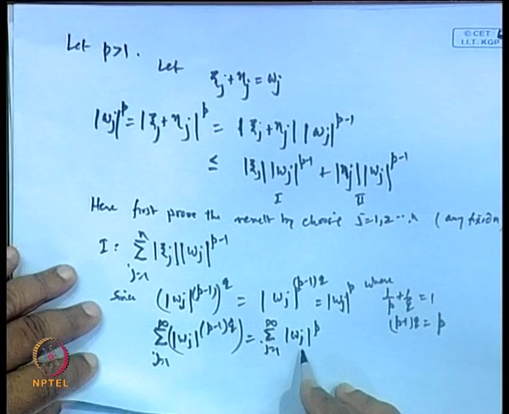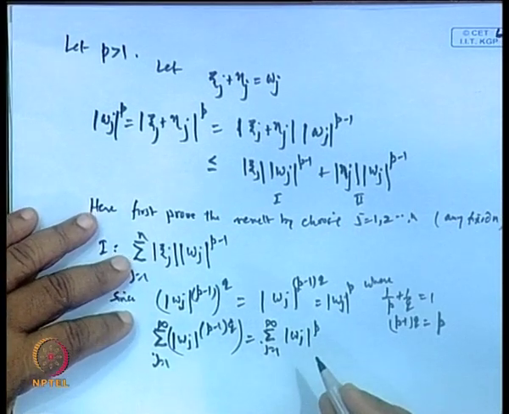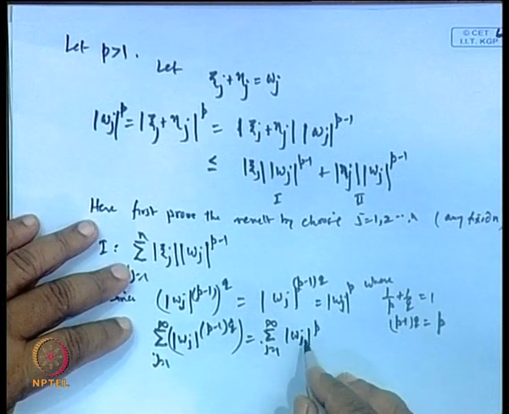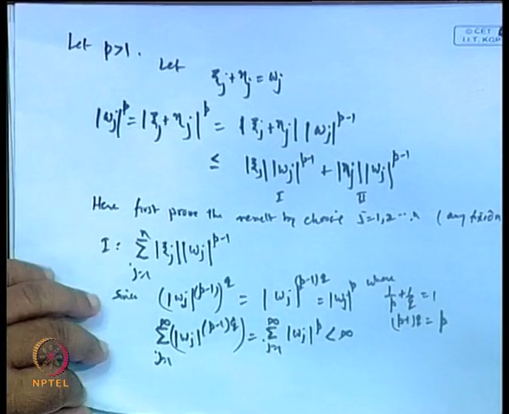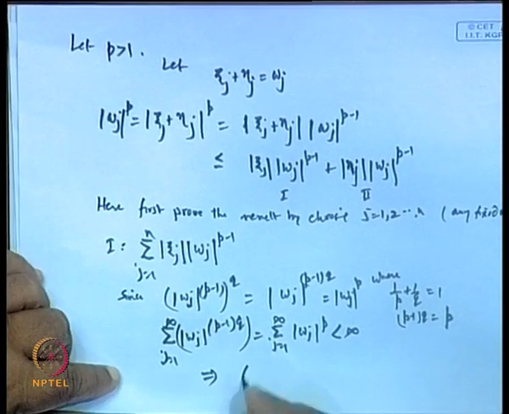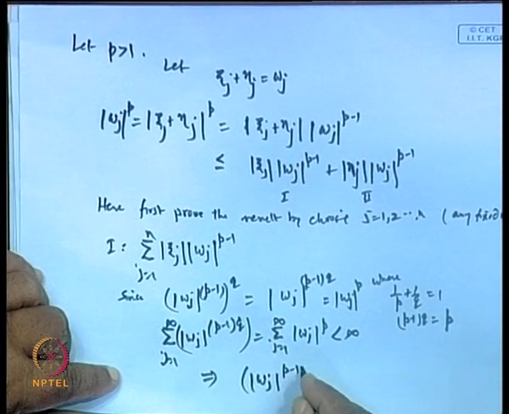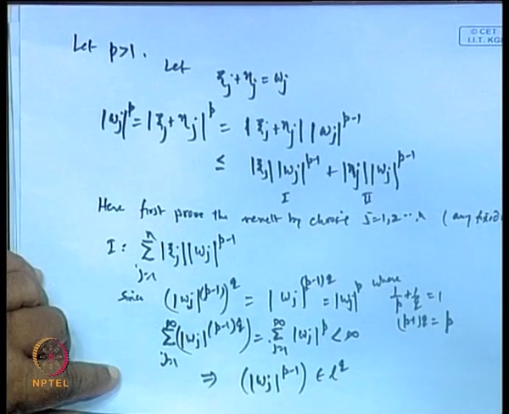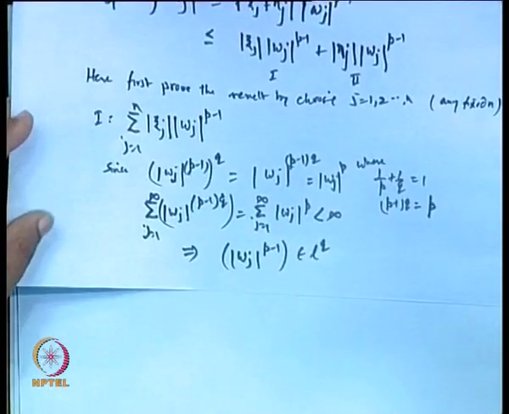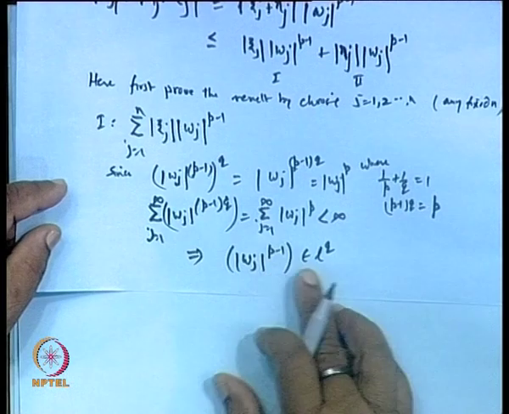But w_j is xi_j plus eta_j, which is in L^p, because L^p is a linear space. So, this will be in L^p, so the sum will be finite. Therefore, this sum is finite. So, this implies that the sequence mod w_j power p minus 1 is in L^q.